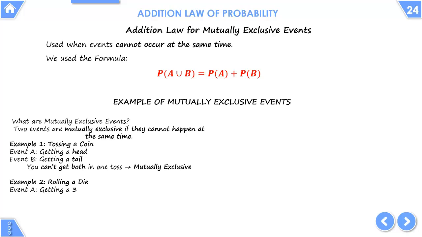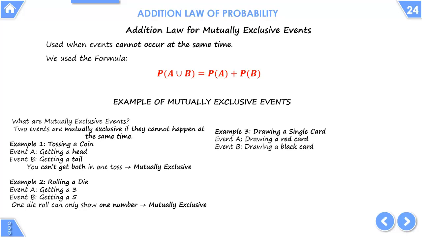When you roll a die, event A, you get a 3, and event B, you get a 5. One die roll can only show one number, so each event is mutually exclusive. They can't occur together.